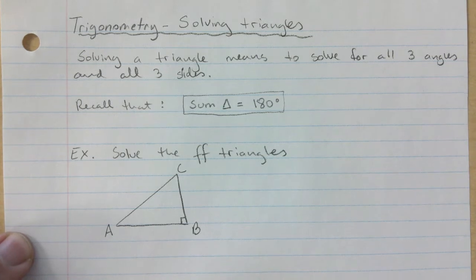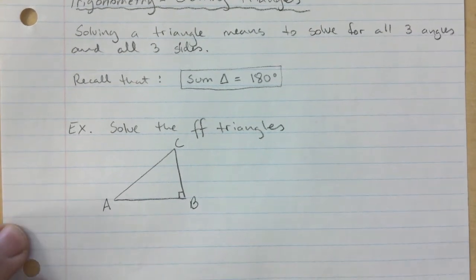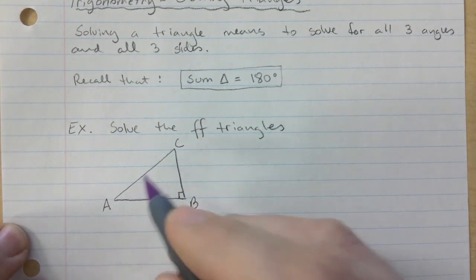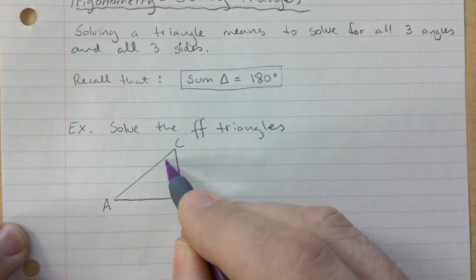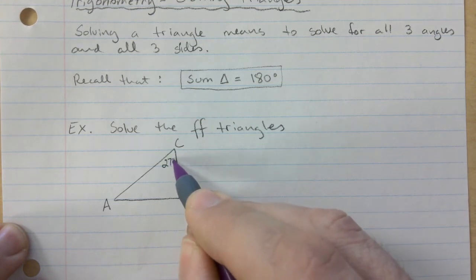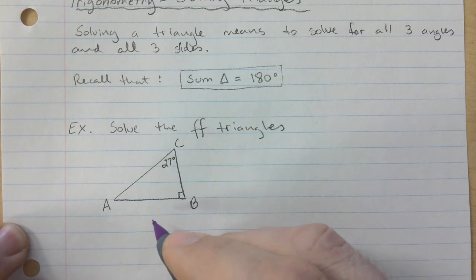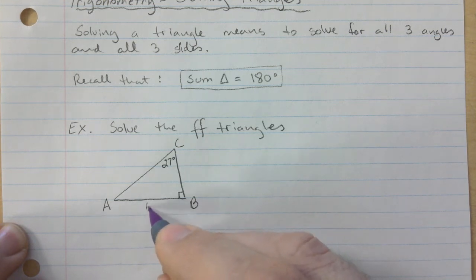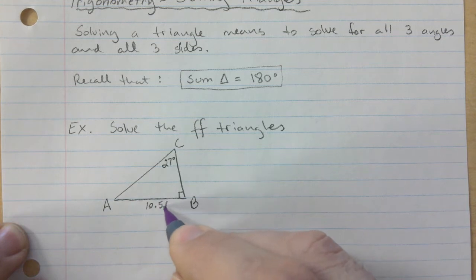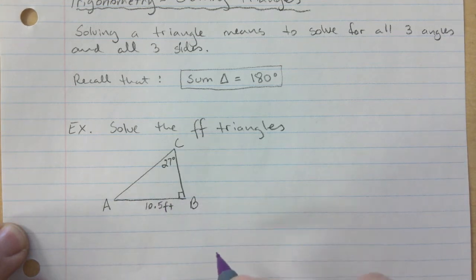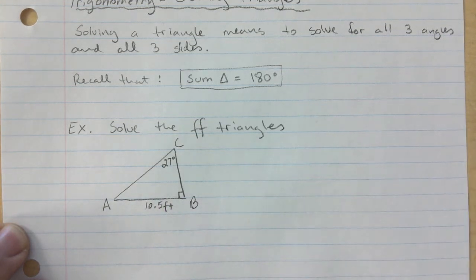And let's say that they give us this one here. We're going to make that 27 degrees. And we're told that this is 10.5 feet. And that's all you have.